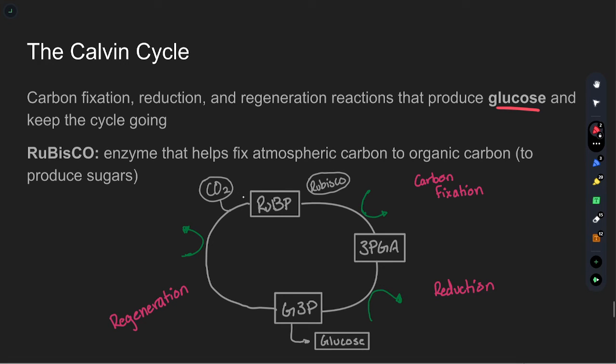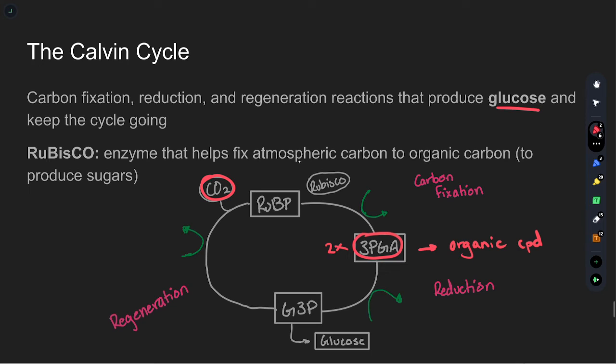When these two bind together, it's highly unstable. And so they will break away to form two molecules of this compound, 3-phosphoglyceric acid. This is your organic compound. We went from CO2, inorganic, to 3-PGA, which is organic. This is what happens in carbon fixation.